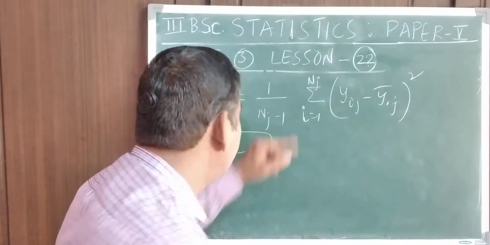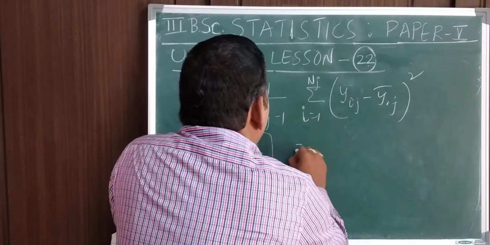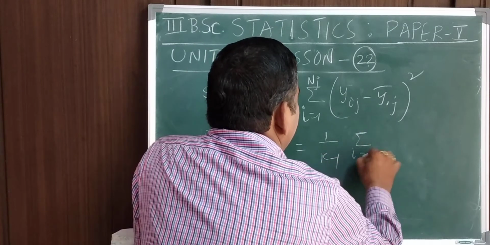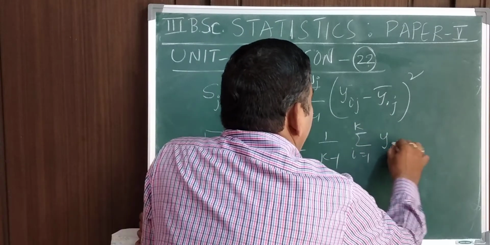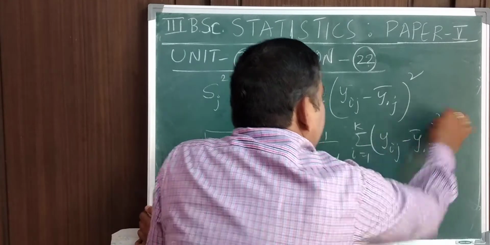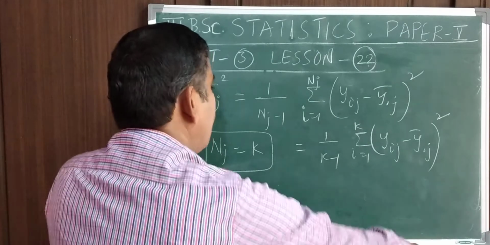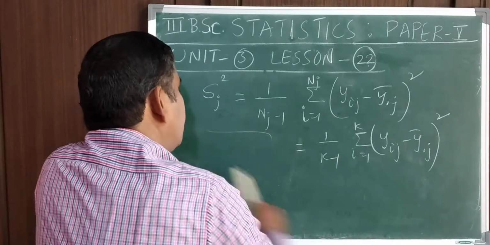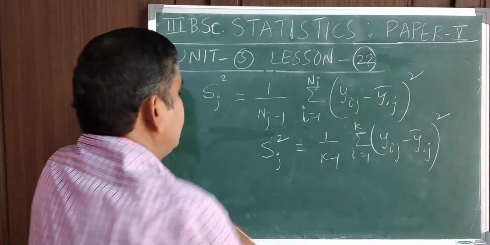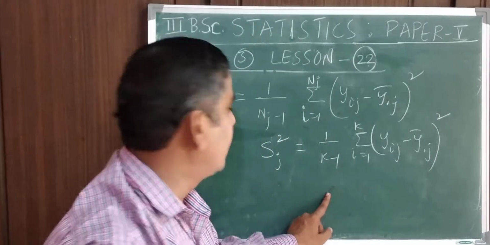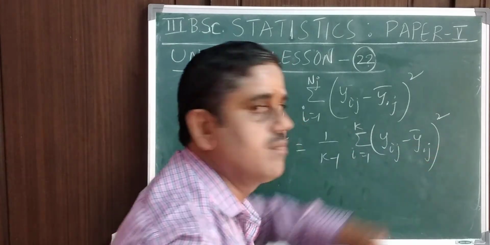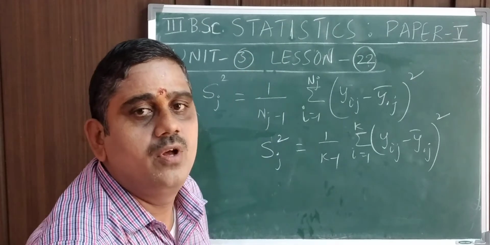So I write this formula: it is also 1 by k minus 1 summation i is equal to 1 to k yij minus y bar dot j the whole square. Do you understand this? It is another formula by considering nj is equal to k. That is the formula of Sj square. So Sj square may also be written as 1 by k minus 1 summation i is equal to 1 to k yij minus y bar dot j whole square.